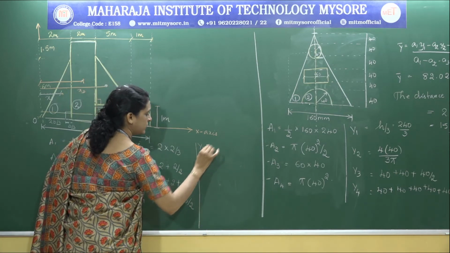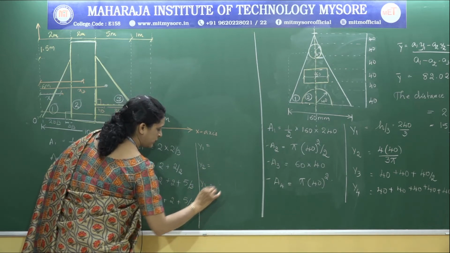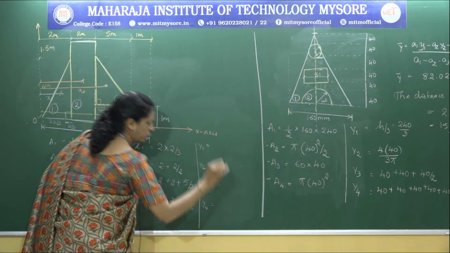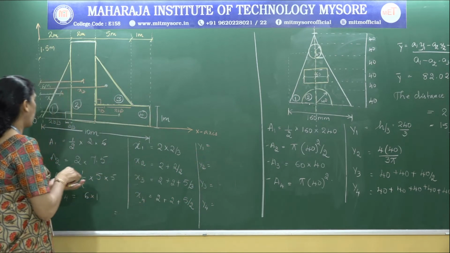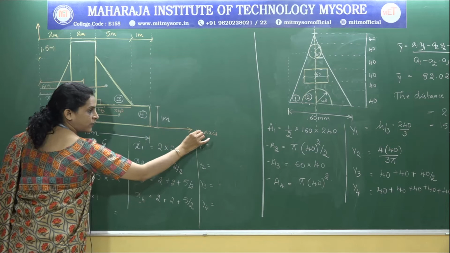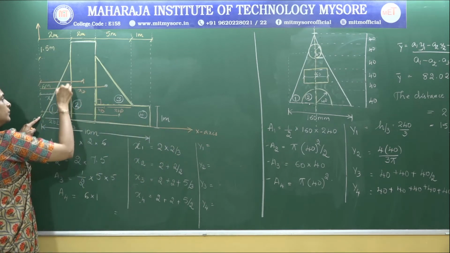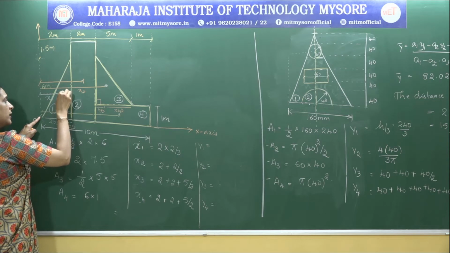It is y1, y2, y3 and y4. First of all, y1. Now, we will have to consider x as the reference axis. So, which is the first section? This is the right angle triangle.